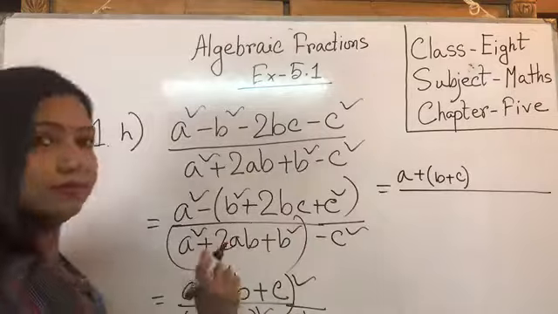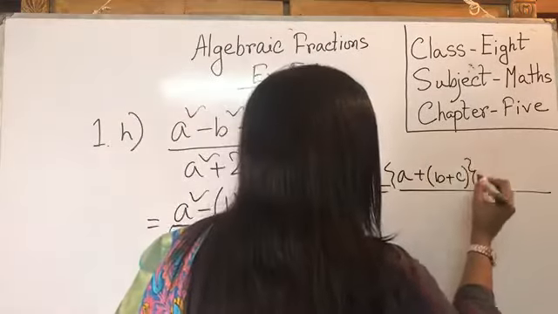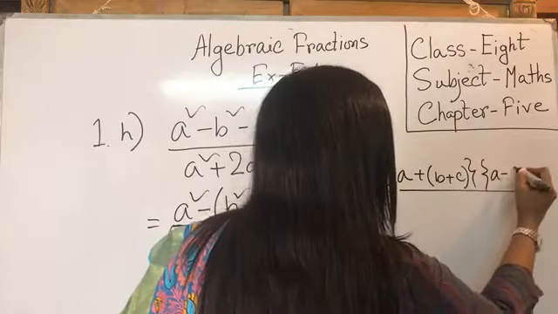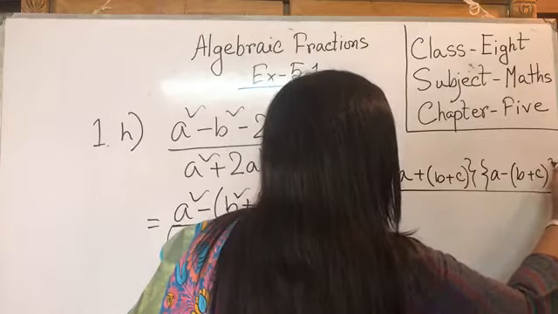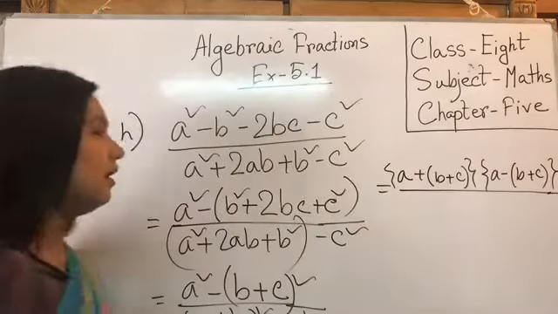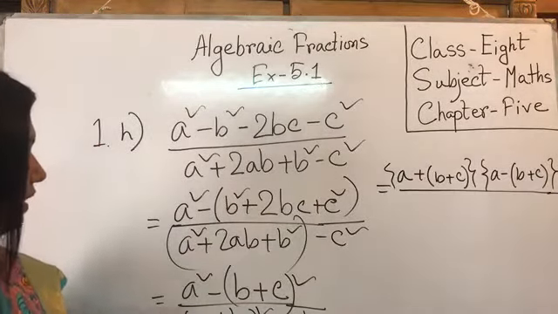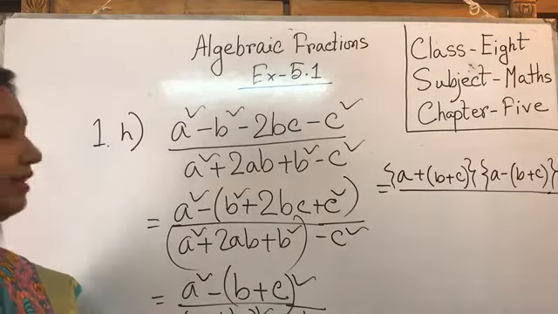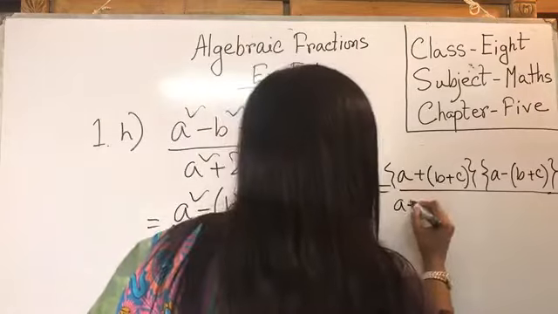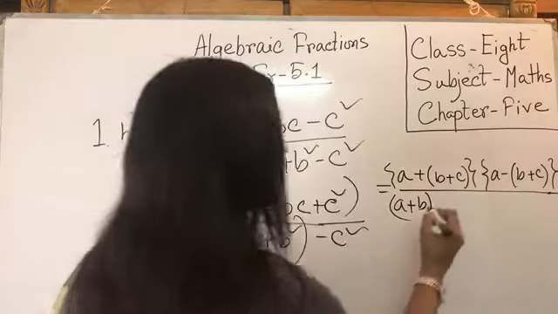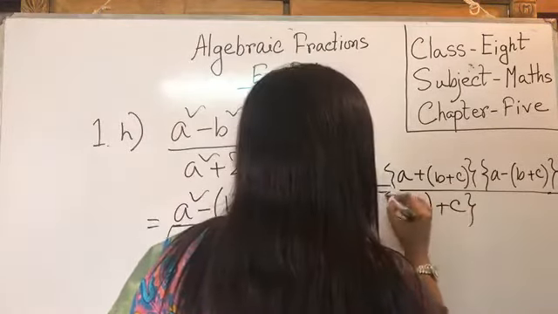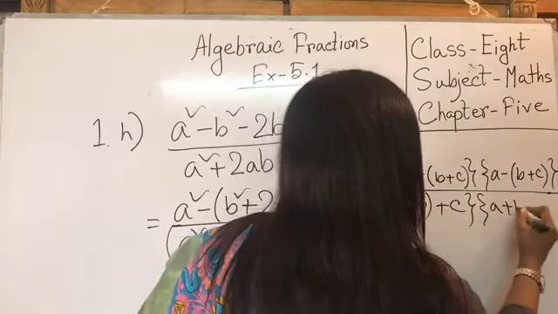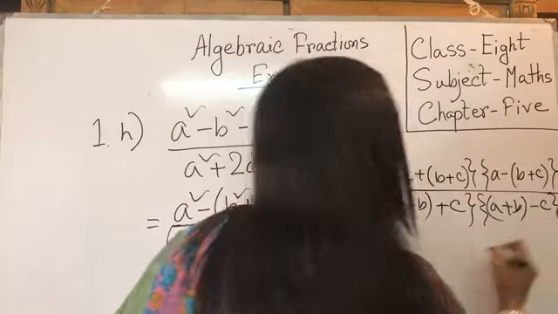A plus b and a minus b. And in the denominator term, there is also the same formula, a square minus b square. So we can write a plus b plus c and a plus b minus c.